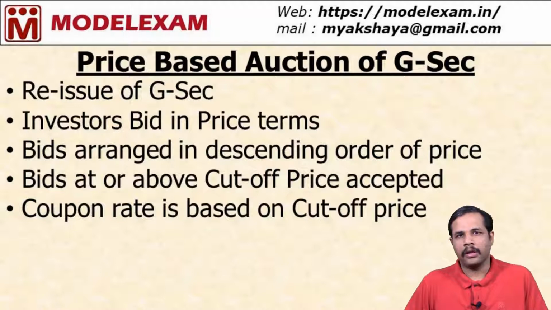See the difference: in yield based auction bids are arranged in ascending order of yield, whereas here they are arranged in descending order of price. Here bids at or above the cutoff price are accepted, and in the earlier case the cutoff yield becomes the coupon rate, whereas here the coupon rate is calculated based on the cutoff price. So let us see in detail with an example so that you can understand it better.